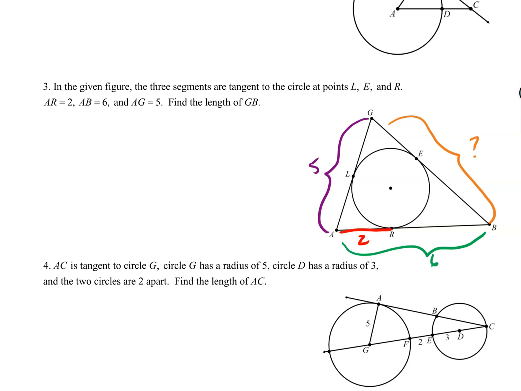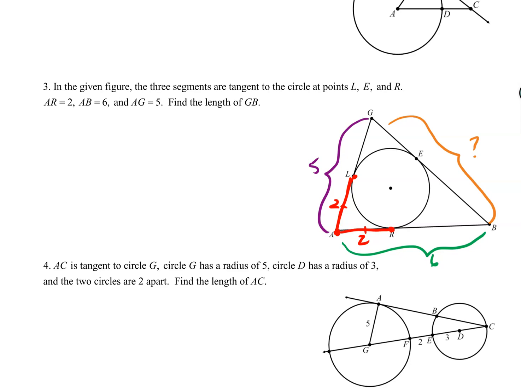So I can identify here that at A, AR would be a tangent line. If I continue here, this only touches the circle once. And same thing with AG, it touches it once. So AR and AG are two tangent lines from the same point. They must be congruent. So this is 2, this is 2. So I have that piece of information.